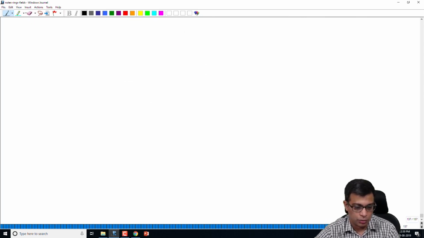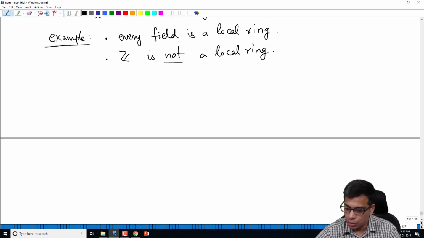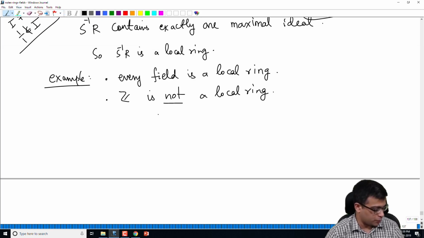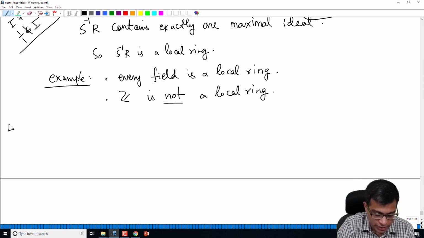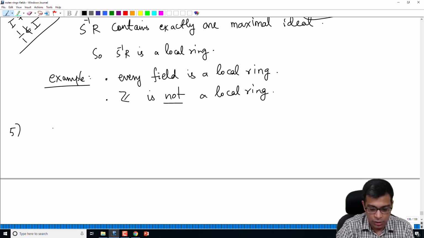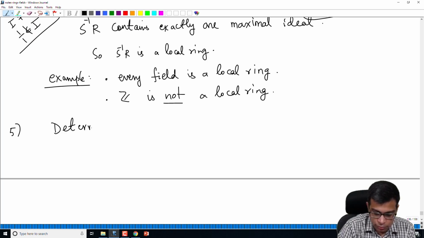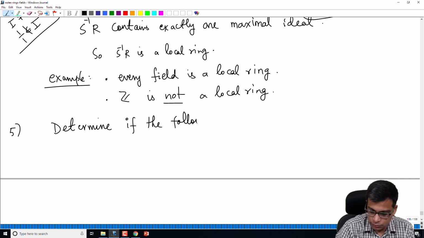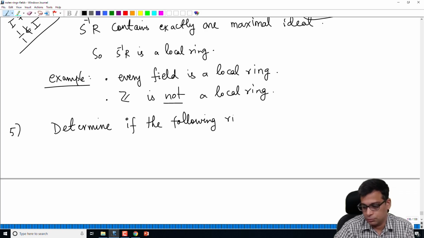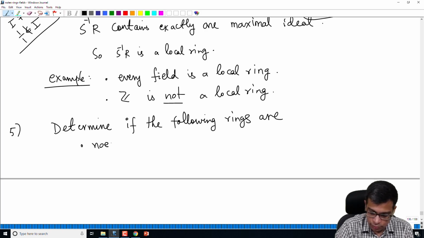So I am going to now just do one final exercise to list some of the examples of rings that we have studied. So the final example that I want to do, maybe this is the fifth problem, final problem. Determine if the following rings are Noetherian.